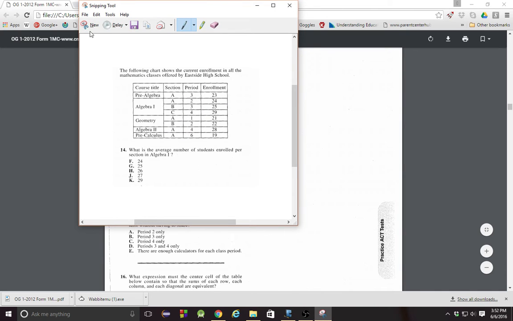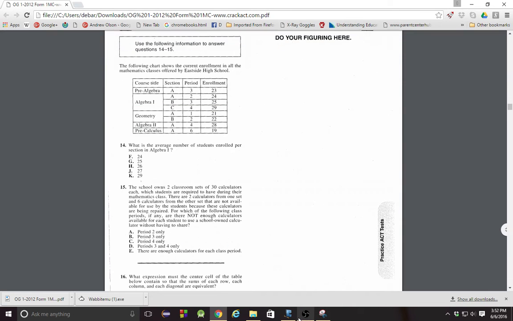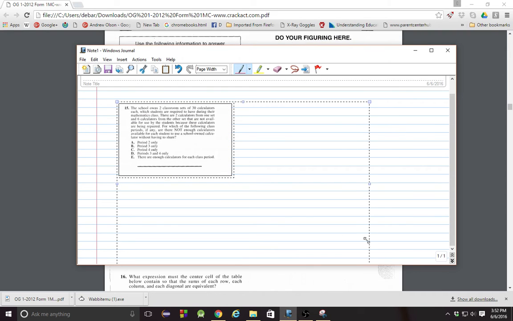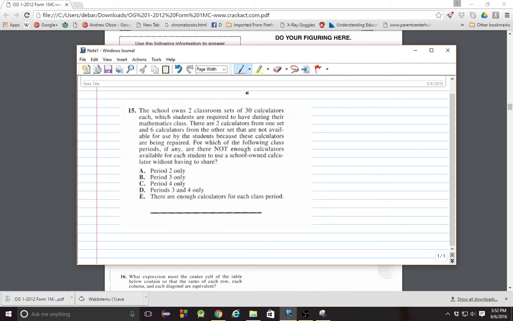Okay, so now let's do problem number 15. The school owns 2 classroom sets of 30 calculators each. So let's underline some information. 2 classroom sets of 30 calculators each, which students are required to have during their mathematics class.